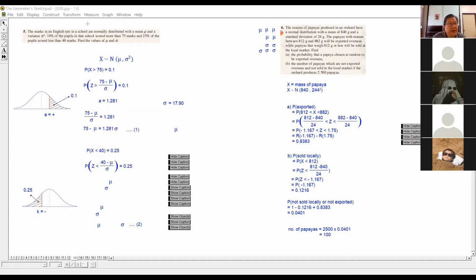So by using symmetry, the probability of z greater than (40 minus mu) over sigma is 0.25.